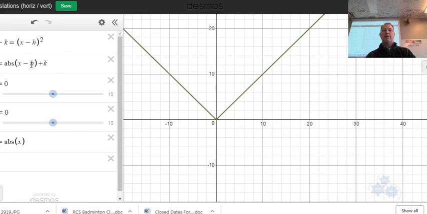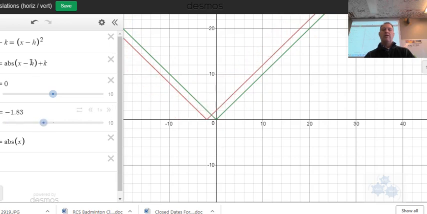Now, see, I've programmed this h to be that parameter. Now, don't worry about the minus and the plus here. I'll talk about that a little bit later. But if I move h to be a positive value here, it's going to move the x-intercept. If I move h to be less than 0, it's going to move the x-intercept accordingly.